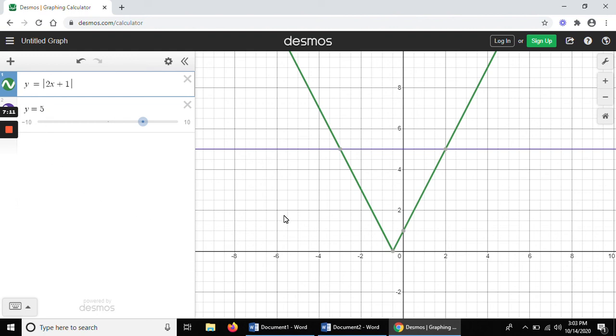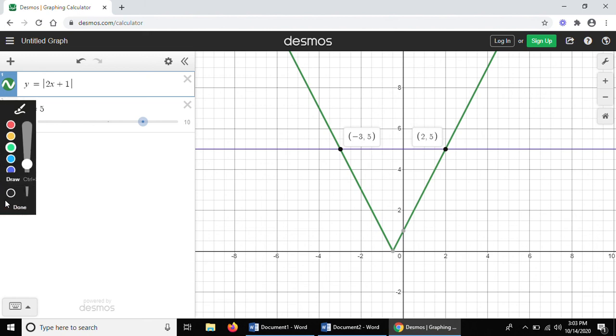Our next step is we click on the areas where the 2 graphs meet. Right here until it gets black, and right here. Okay. Now our 2 solutions are the x coordinates of each of those points. That's -3 and 2.